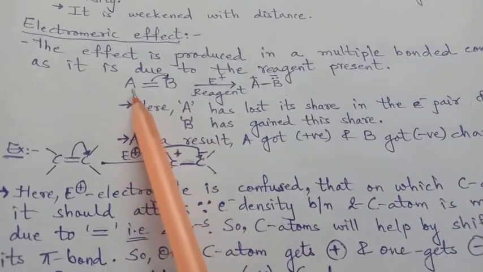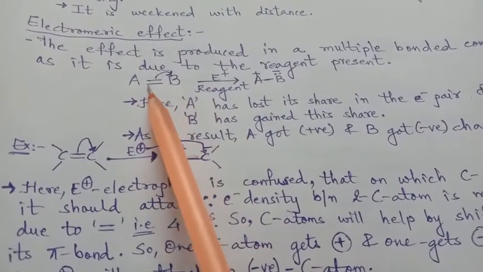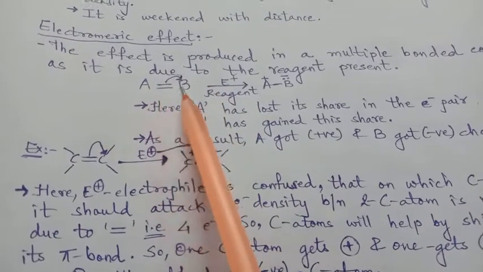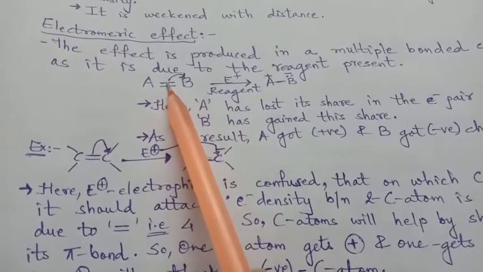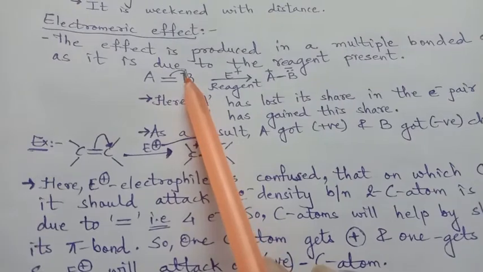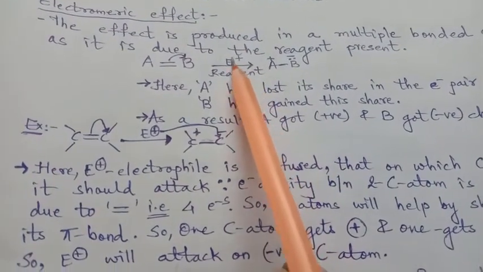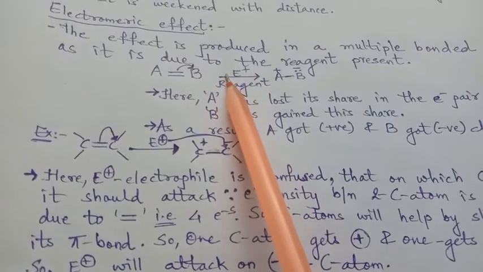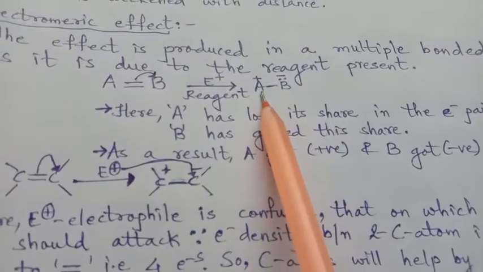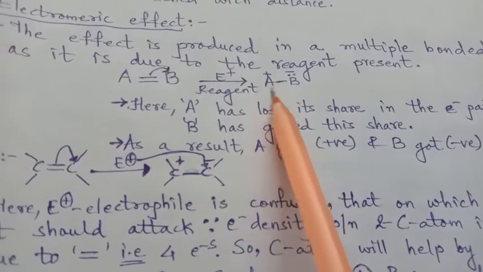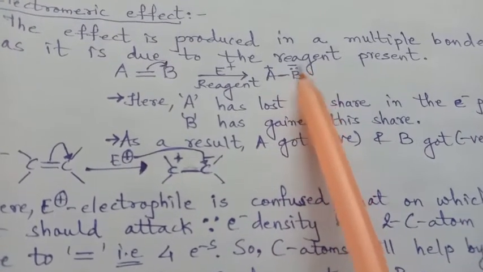So what happens here, suppose these are two compounds with two carbons attached with a double bond. Then this bond will try to transfer over here in the presence of the reagent, and that reagent is E positive. So what happens over here, this will get a positive charge and this is getting a negative charge.